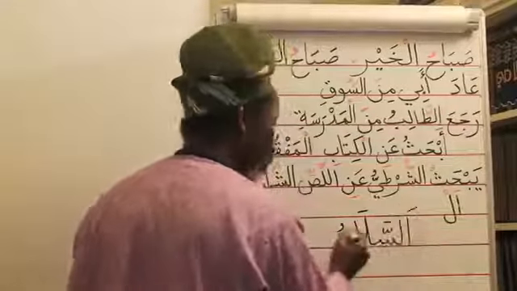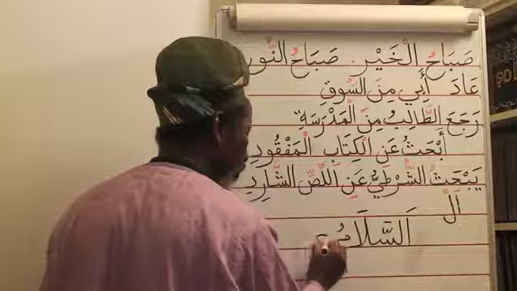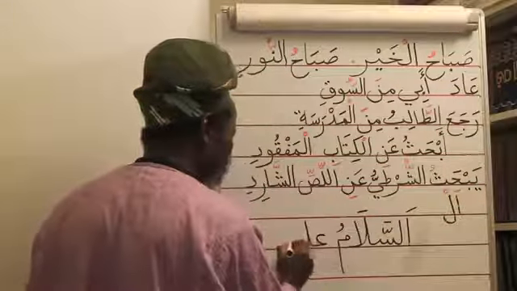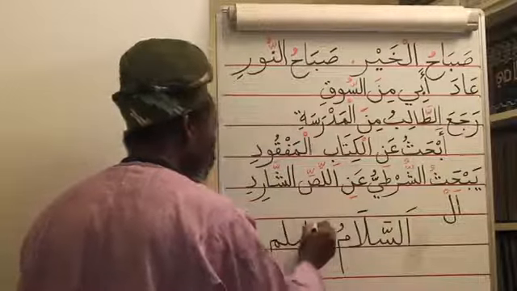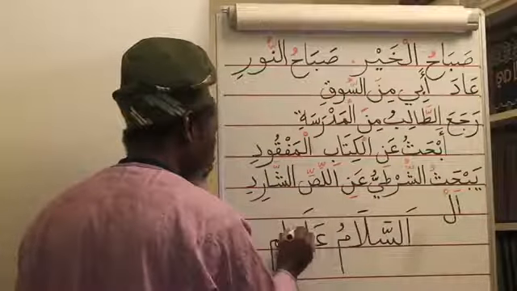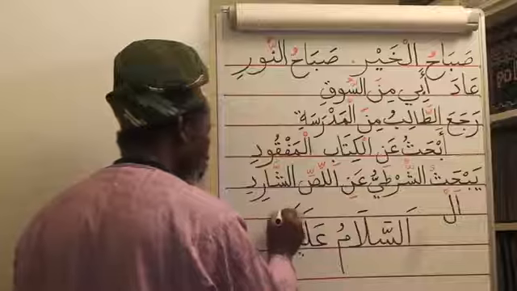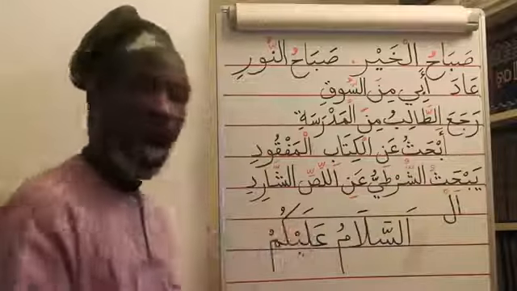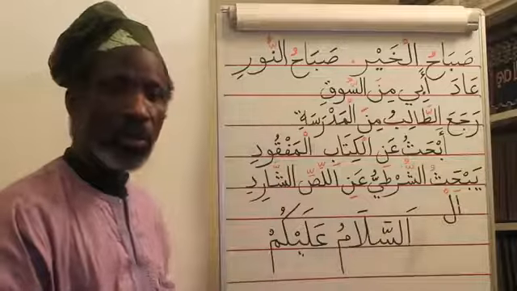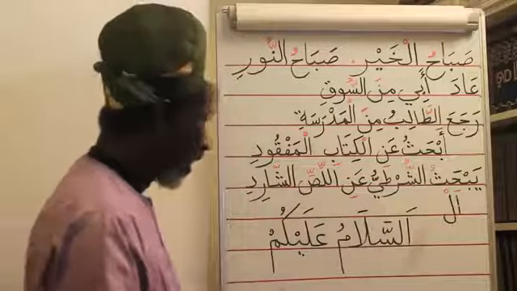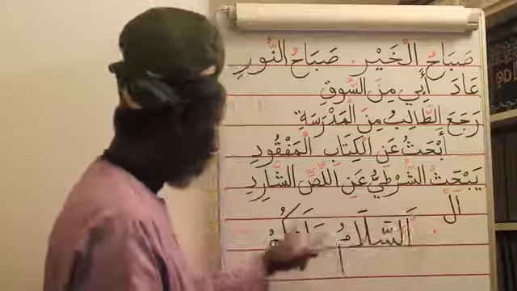Say assalamu alaikum. Assalamu alaikum. Write it down for you. Alaikum. Assalamu alaikum. Peace be upon you. Then here you see assalamu alaikum.